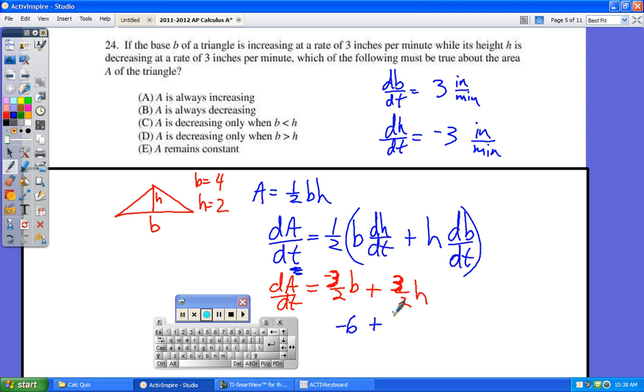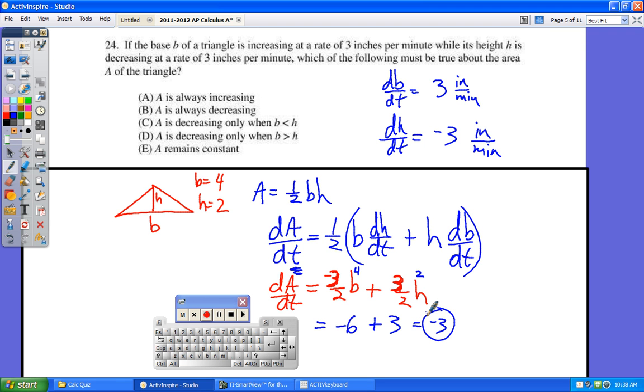And h would be 2, those 2's will cancel out, so I'm adding 3. So when my base is 4 and my height is 2, I get negative 3.